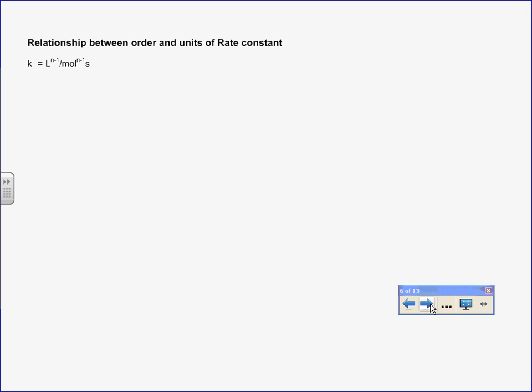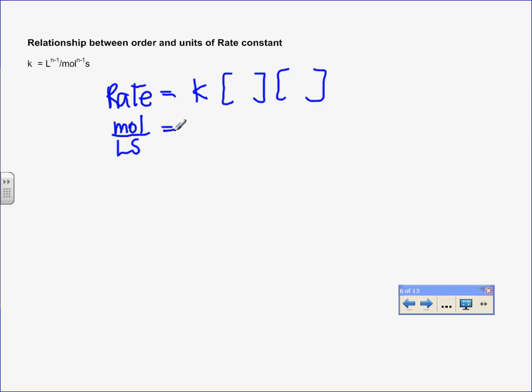So if we want to know the units for the rate constant, it's important to determine these because they do give us information about the reaction. So rate is equal to the rate constant times the concentration of various reactants and products. The units for rate are mole per liter per second. The units for concentration are mole per liter.